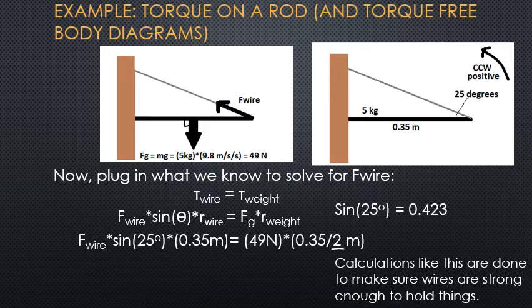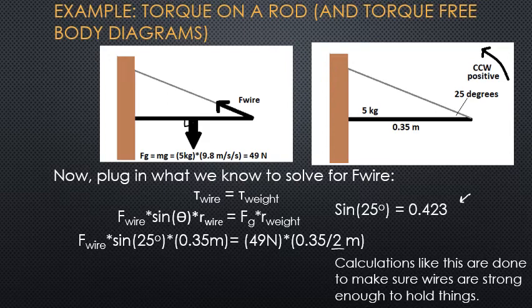For the wire, we don't know the force of the wire yet, so we're just going to leave that as force of wire. Then sine of 25 degrees, because that's our angle, and I've given you that information here already. And the radius for the wire is the full 0.35 meters, because the wire is attached at the very edge of the shelf.